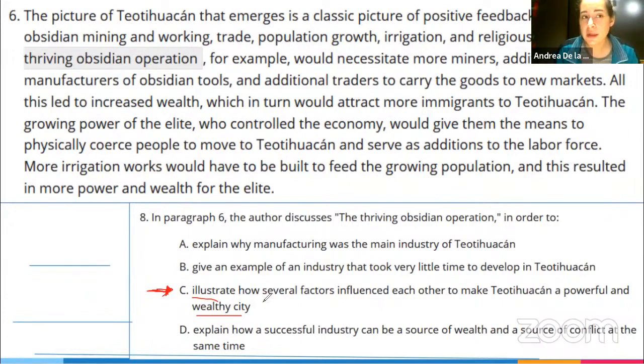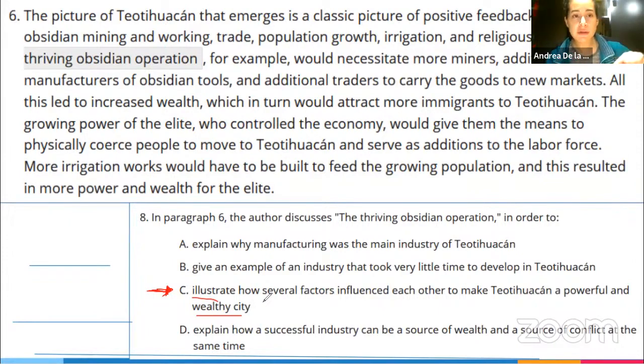Now, let me tell you one thing, and this is very much related to the writing section. If you weren't in the writing section yet, then that's fine as well. But when you write a paragraph, every paragraph has an idea, right? And we said this yesterday as well.